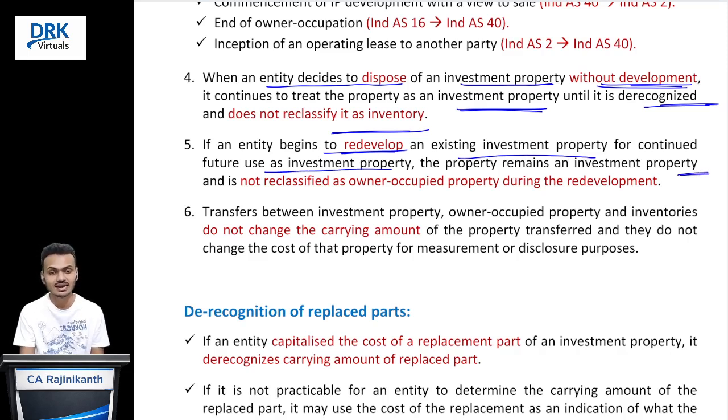We should not reclassify it as owner occupied property during the redevelopment phase, right?